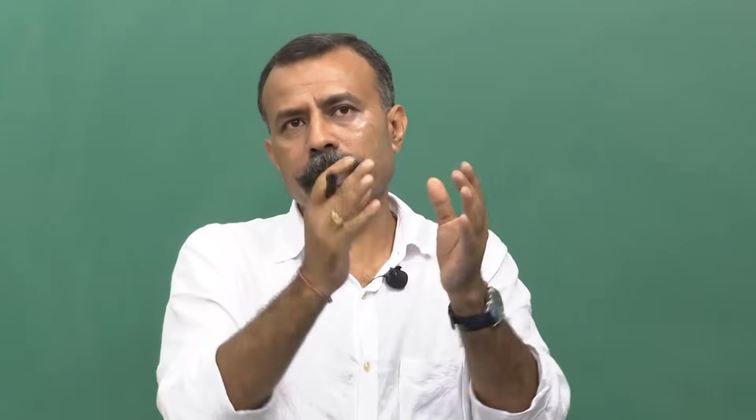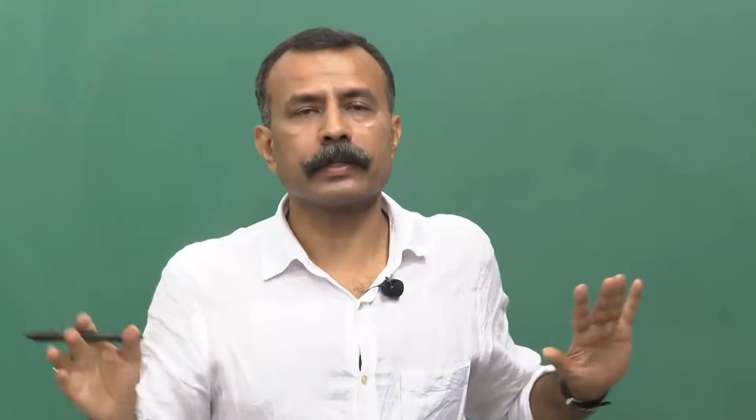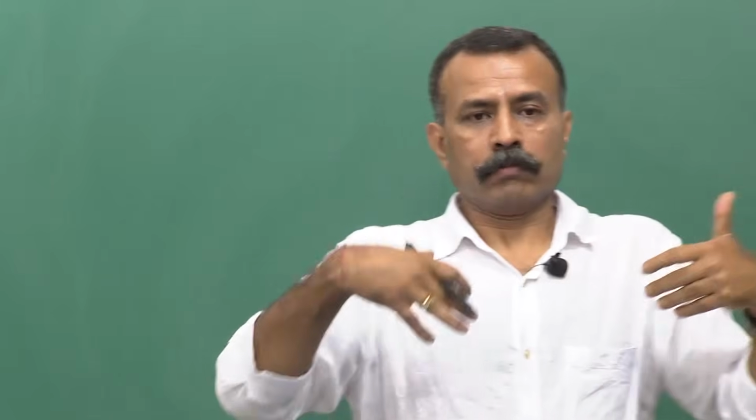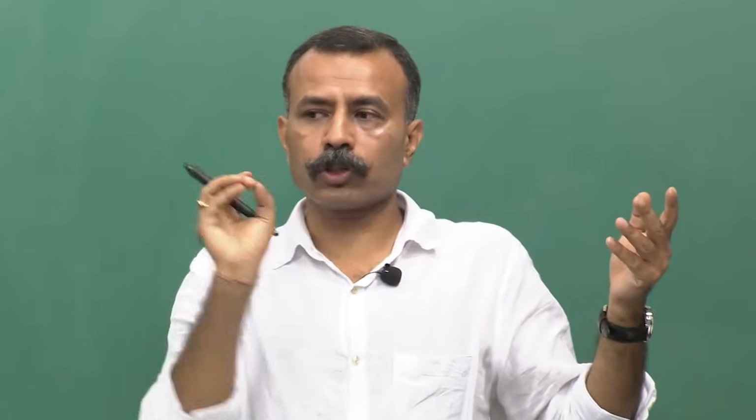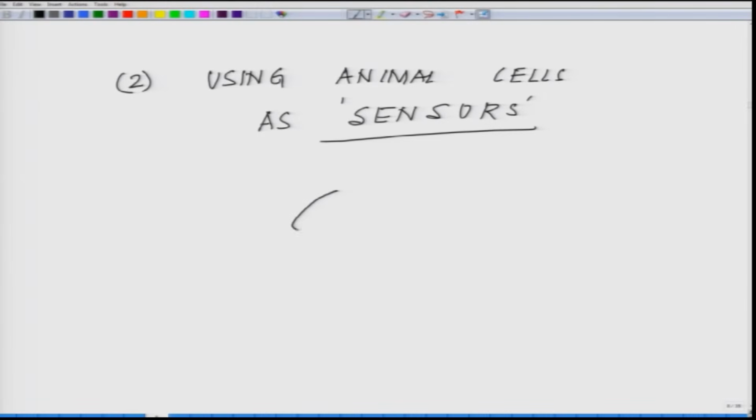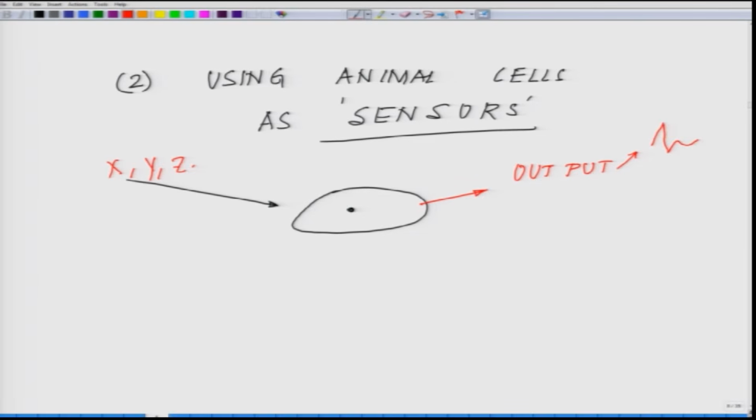Based on that I am using this as a simple sensor device, for testing, for screening, or for some condition where I am not sure what this toxin is going to do. So, I use the cell as a sensor system. I have this compound, say X, Y, Z, whatever, and I have an output here to measure. What is the output? That could be electrical output, it could be chemical output, or it could be some other physical parameter. Okay.